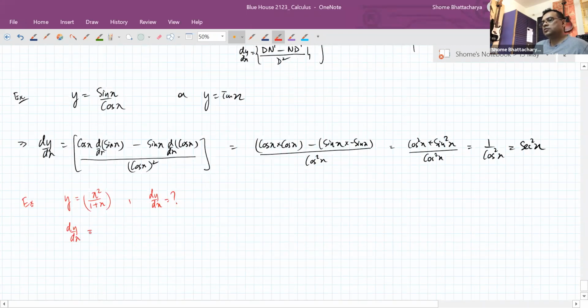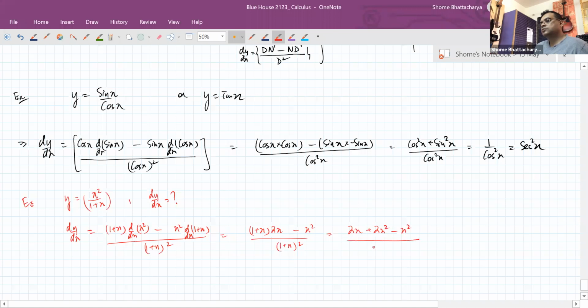So differentiation will be denominator into differentiation of numerator minus numerator into differentiation of denominator divided by the denominator whole square. Something like this.